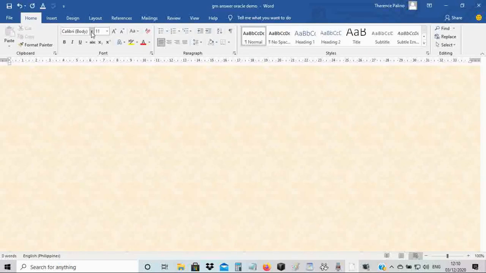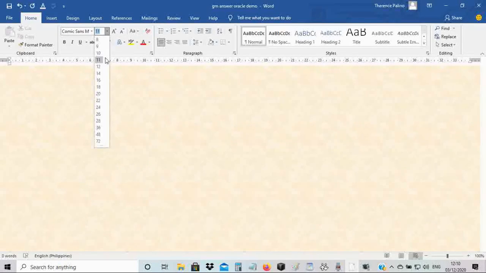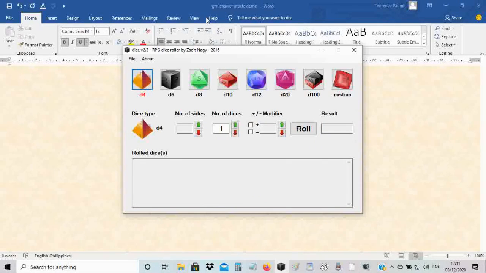And I'm going to use Comic Print, and I'm going to show you. Let's start. For this answer oracle, I'm going to use the simple D20, which is very popular for Dungeons and Dragons, Pathfinder, Mutants and Masterminds, and quite a few others, I believe.